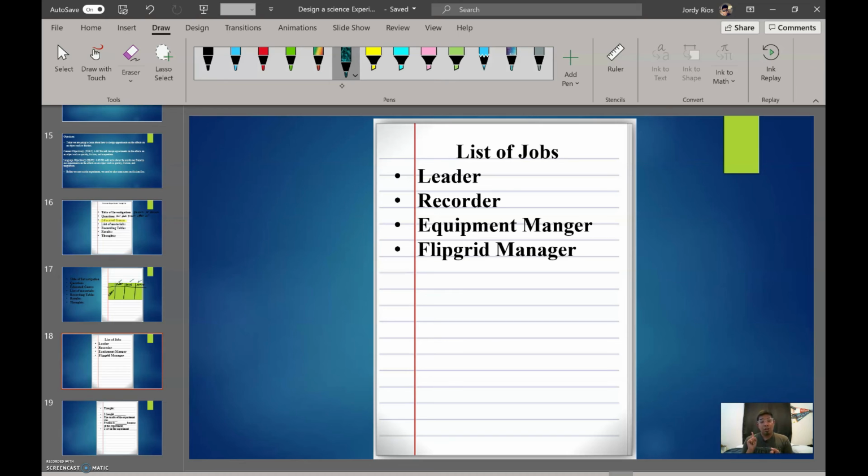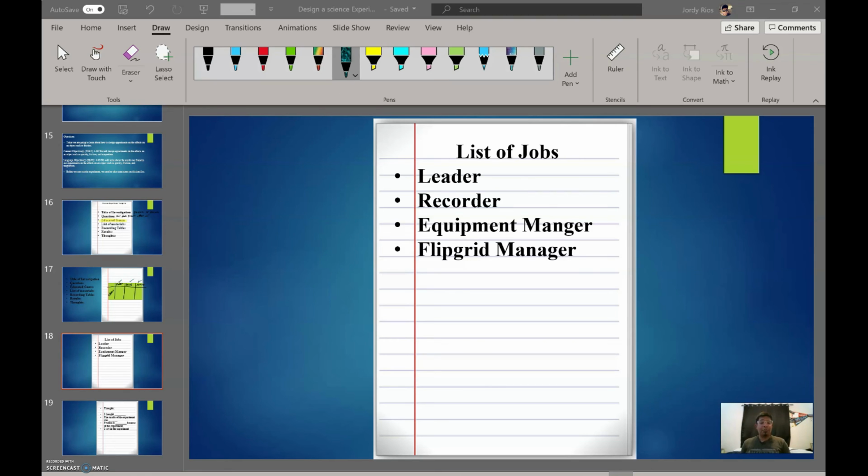Next, you need to have one leader in your group, a recorder. That person is going to write down the answers in the recording table. An equipment manager, making sure that everything is being used correctly and put back. And then a Flipgrid manager. That person is recording the experiment.